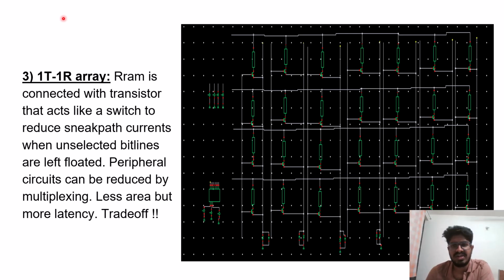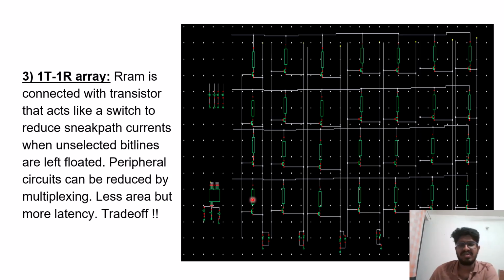Why do we need 1T1R architecture? In the previous Rram crossbar array, in the floating mode, there is a possibility of formation of sneak path currents. What are sneak path currents? If the bit lines are left floated, some currents may enter into the selected bit lines and may cause extra currents.